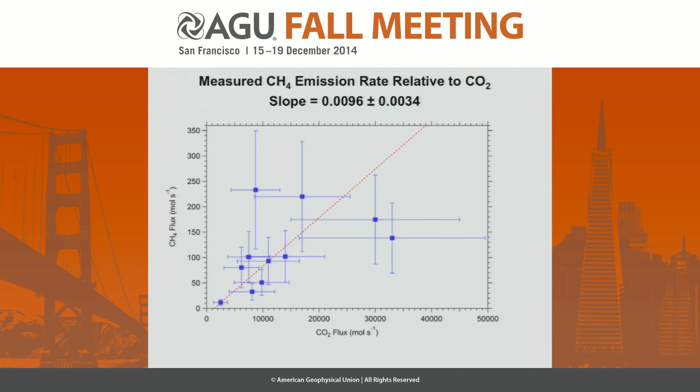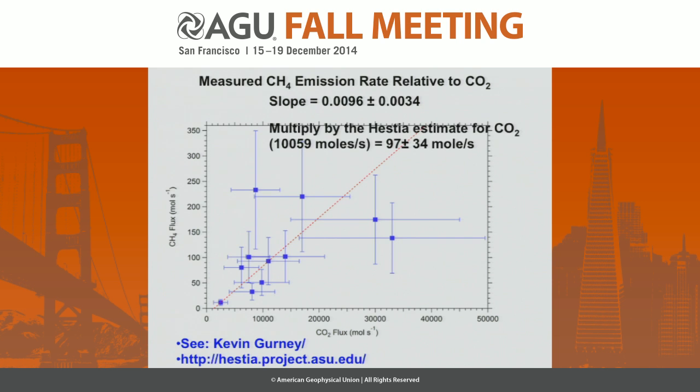And so the slope is roughly 1% of the CO2 flux. And so an independent way to get the total is we multiply by Kevin Gurney's Hestia estimate for CO2, which is something like 10,000 moles per second, and then you get 97 plus or minus 34.